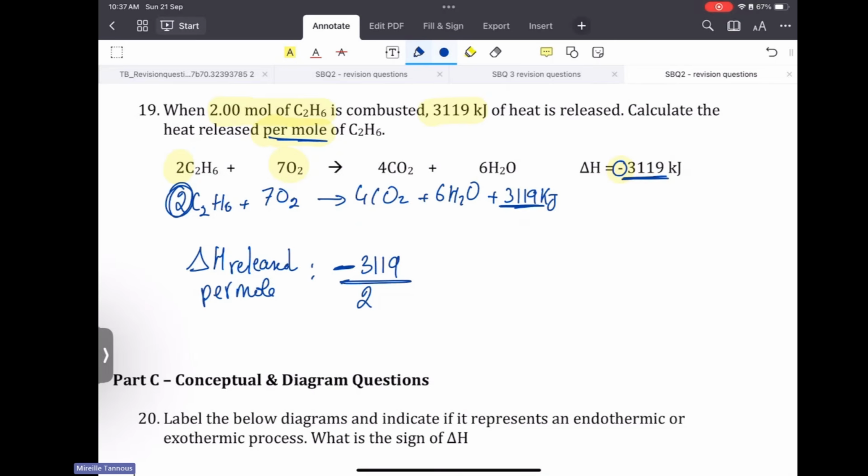Because this question is giving it to me for 2 mole, and the question is asking for 1 mole. So by dividing it over 2, I will get it per 1 mole. Negative 1,559.5 kilojoules.